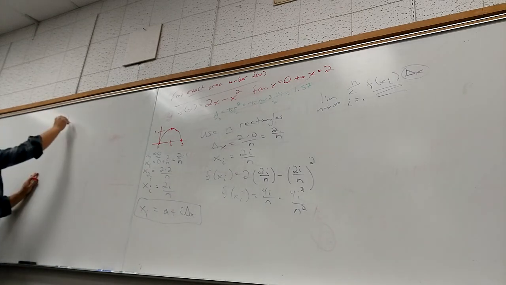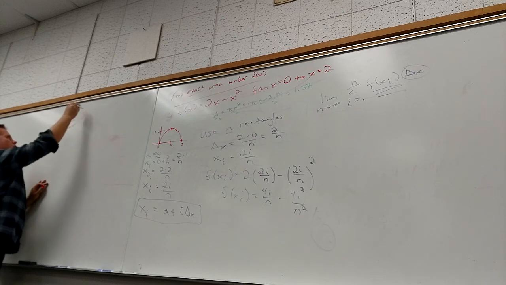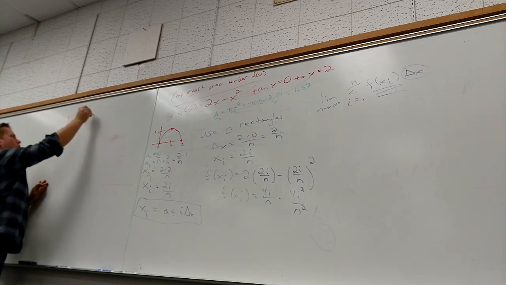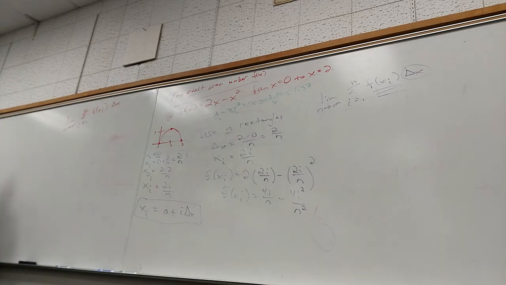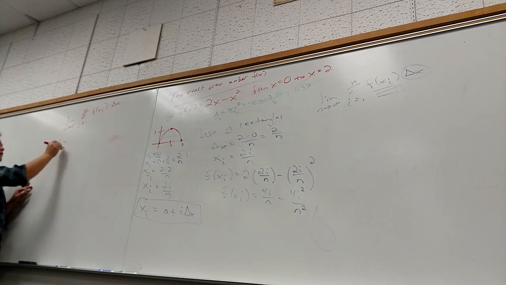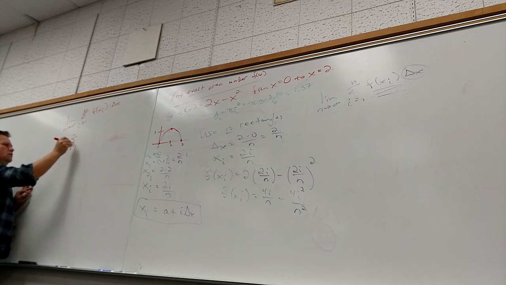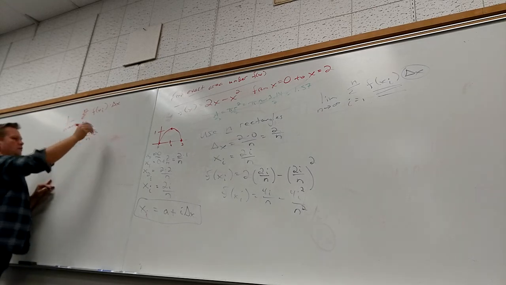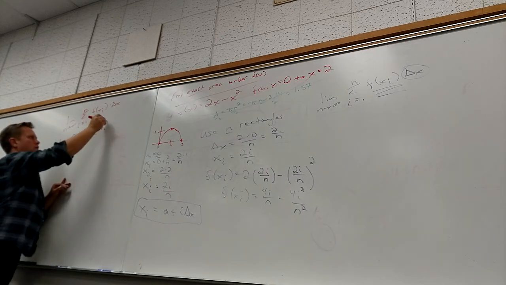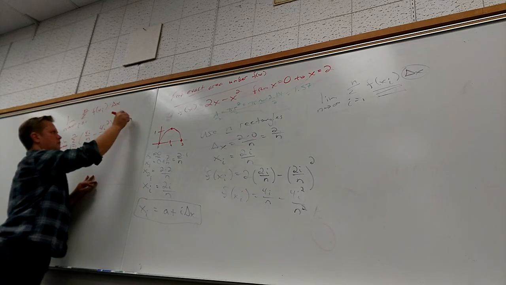So here's the one I'm using. It's the main thing about this whole thing right here. So then I've got the limit, n goes to infinity, sum i equals 1 to n, f of xi is that whole thing, and delta x is 2 over n.